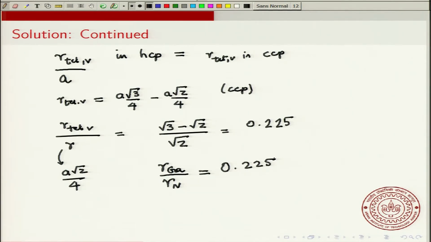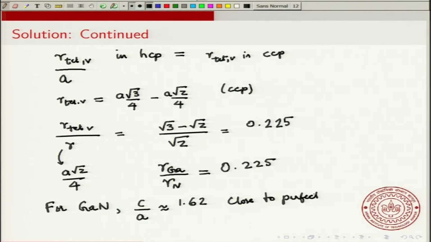Now, of course, this ratio is not exactly satisfied, but it turns out that for gallium nitride, the c by a ratio is very close to 1.62, which is very close to the perfect c by a ratio for HCP.